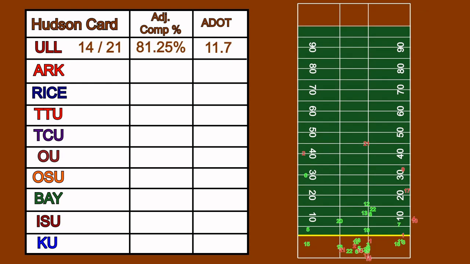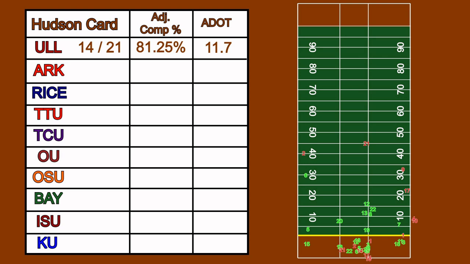But looking at Hudson Card, a lot of people when we watched this game, we oohed and awed over his passing, and he does have some arm talent, and it's nice. And he did look nice in that game.